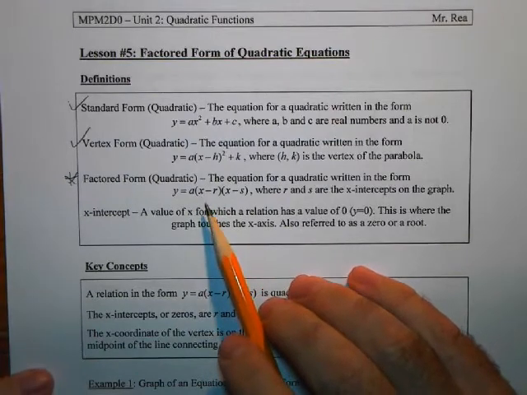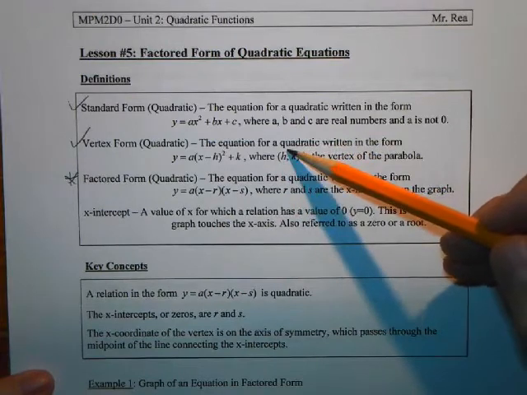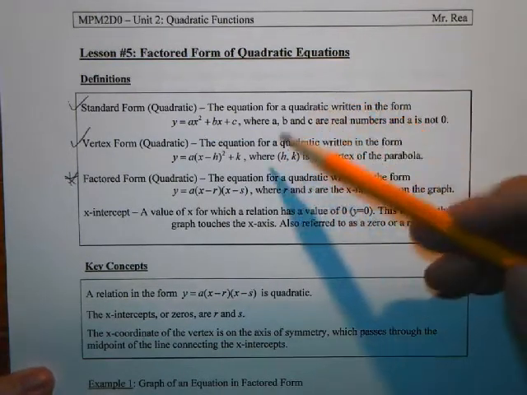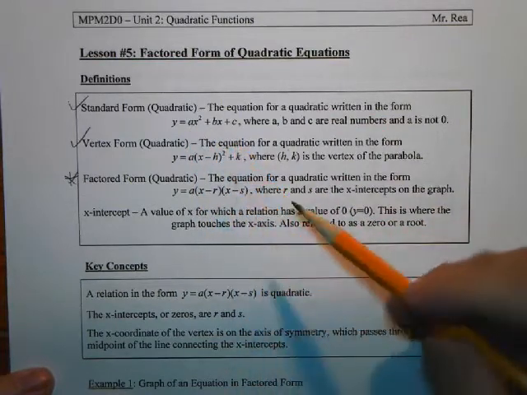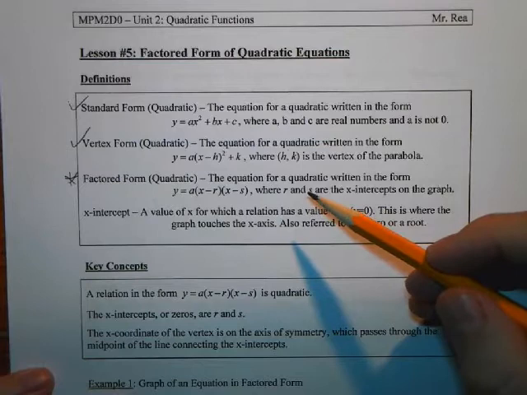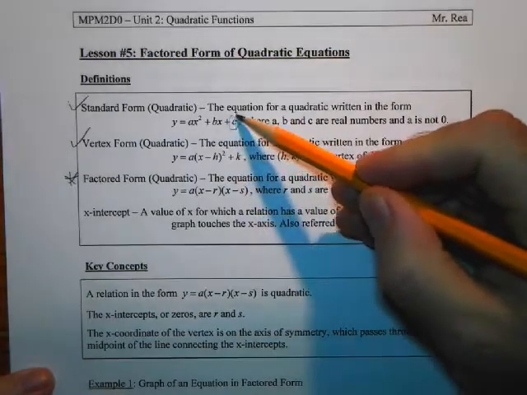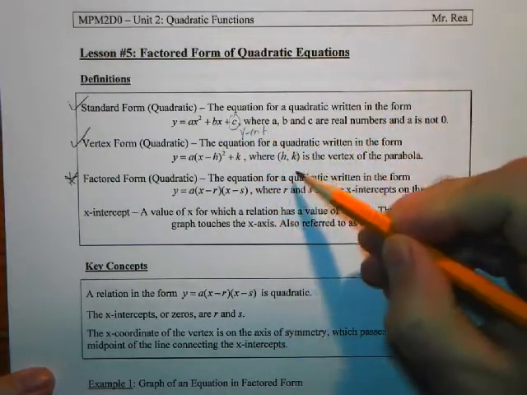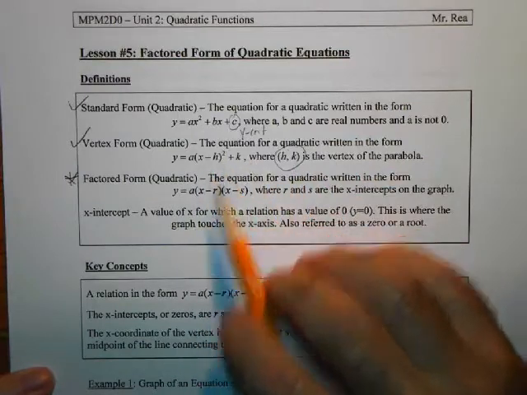Now the cool thing about the factored form, if you remember, the vertex form gives you the vertex, and the standard form actually gives you the y-intercept, which we'll learn a bit more about. The y-intercept is c. So there's the y-intercept, and we already know that in vertex form, h comma k is the vertex.